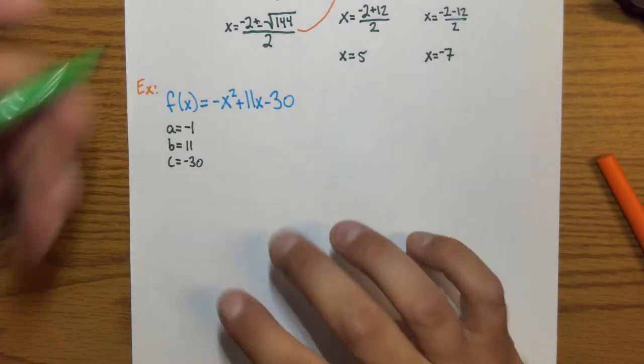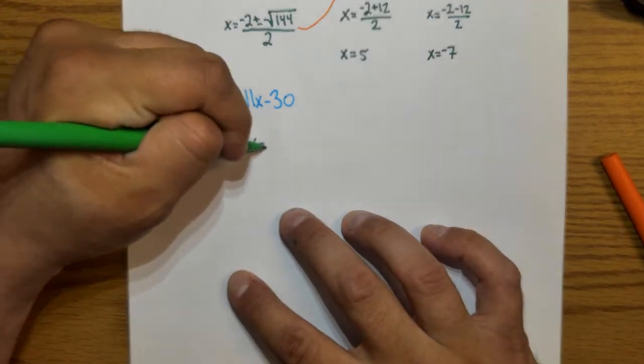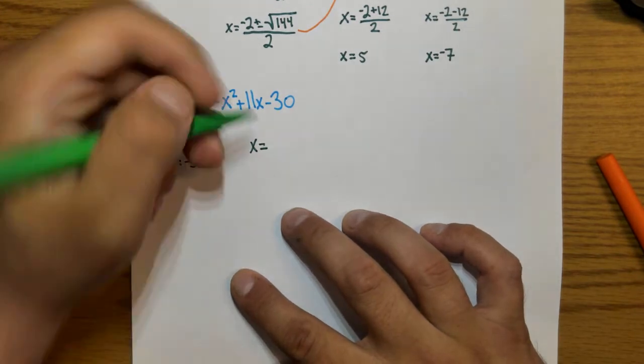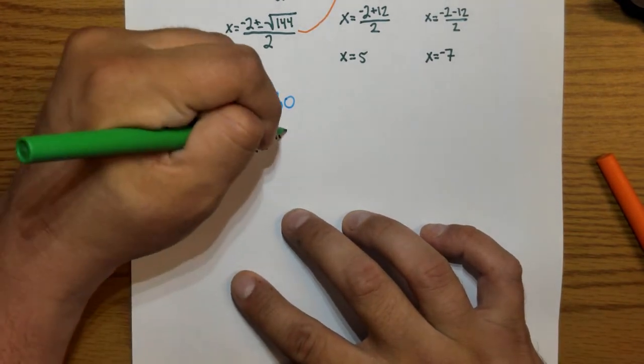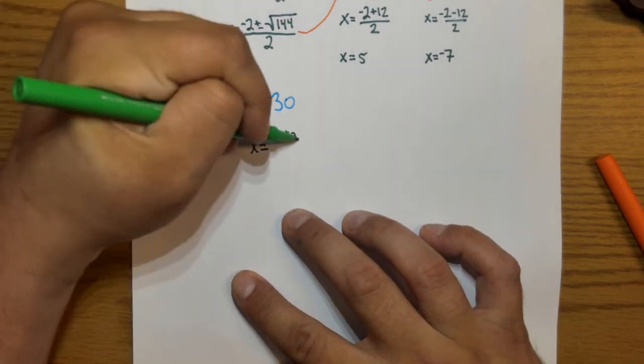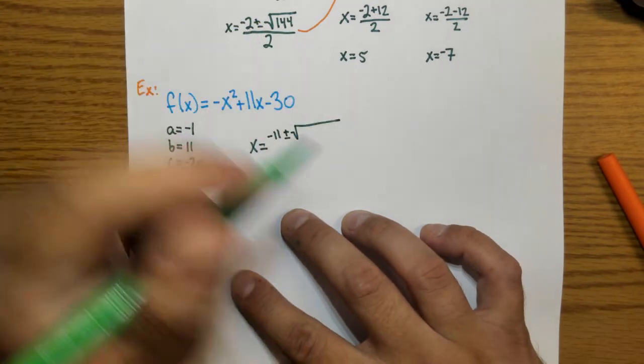Okay. Let's plug this into the quadratic formula. So x equals negative b, so negative 11, plus or minus, and don't worry, on your worksheet I'm putting the quadratic formula there so you'll have it.